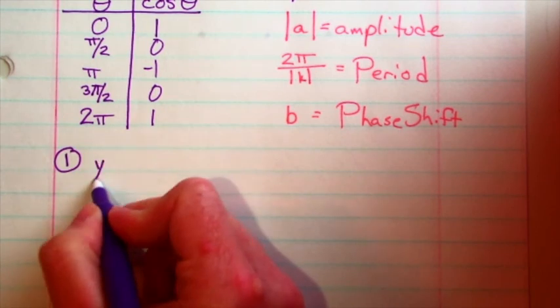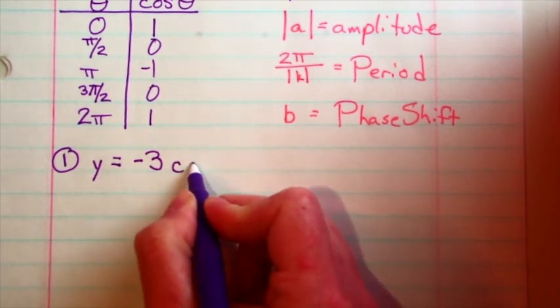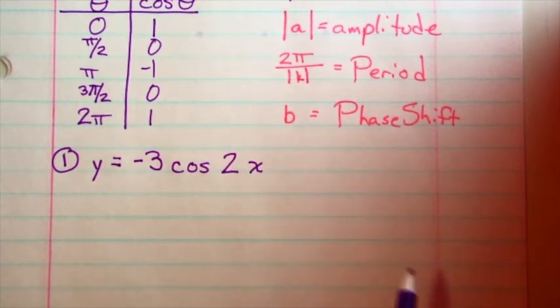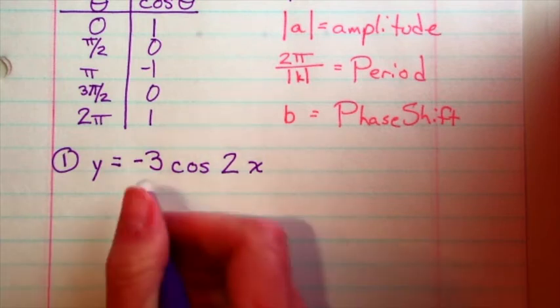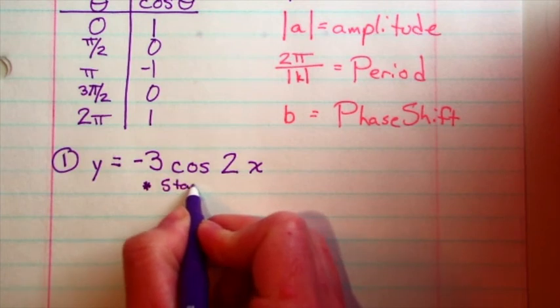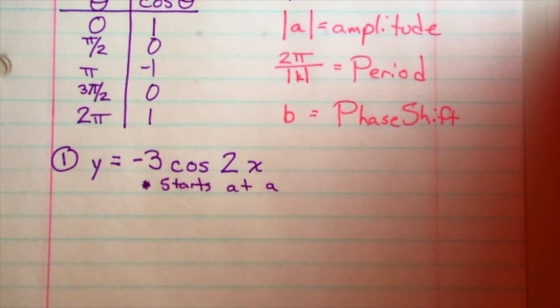What if we have y is equal to -3 cosine of 2x? Now in this case, remember the sine function always started at the origin. It didn't matter if it was stretched up or down. In this case, it's always going to start at the A value. So if it's negative, think about a quadratic.